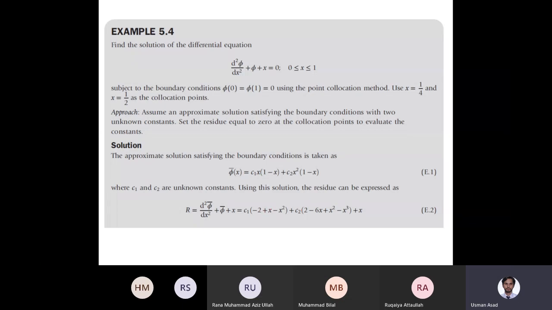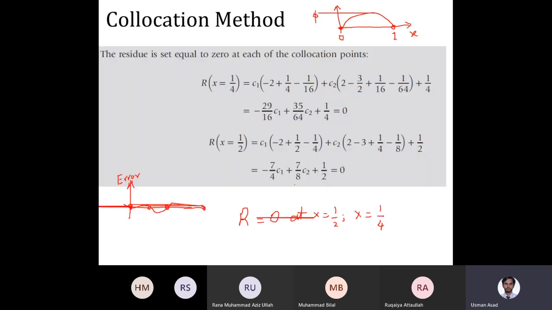Then we plug in x equal to 1 by 2 in this equation, setting that equal to 0. You're going to get a second equation in C1 and C2, and then solve them simultaneously. So this is your first equation, this is your second equation. Solve them simultaneously to get the values of C1 and C2. That would ensure that the error is 0 at least at these 4 points, so how much can it grow in between? Does that make sense? Some sense at least.